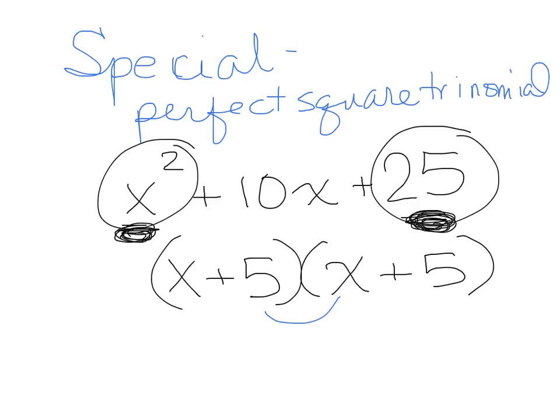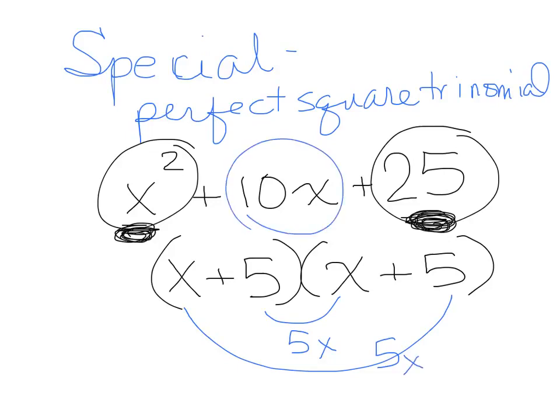So here I have, this makes 5x, this also makes 5x, and together they make the 10x. So my guess was right, this was a perfect square trinomial, so this is my answer. Okay, so maybe I'm belaboring a little bit, because I think you're probably going to be pretty good at this, but of course we're going to make it harder, and I want to make sure we have the language.